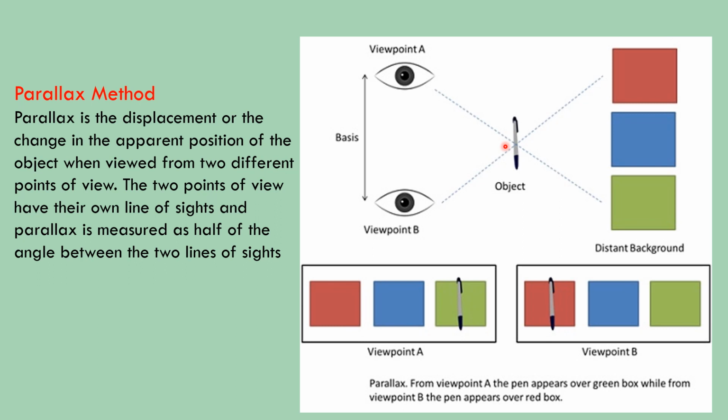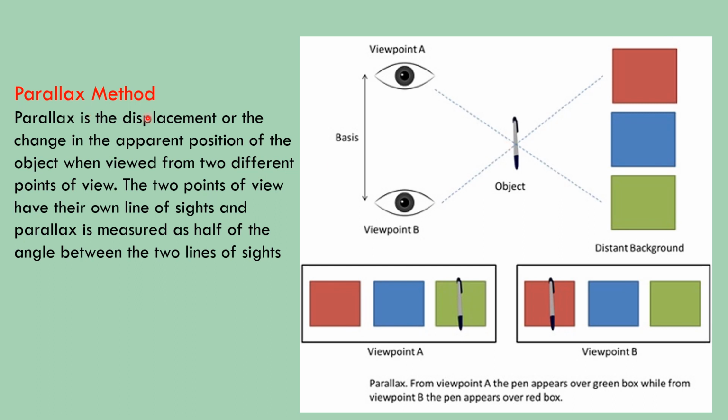Then you can think, why does this background appear different, and why does the position of the object like the pen change when you see with a different eye? What is the change, why does it happen, let us discuss in detail here.